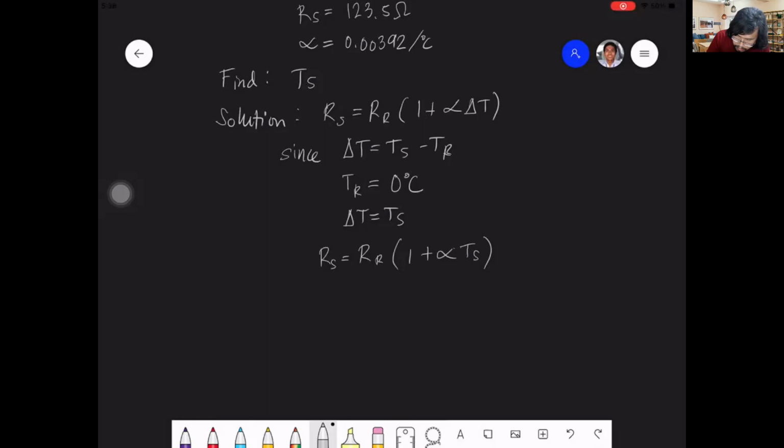So we have R sub S over R sub R equals 1 plus alpha times T sub S.